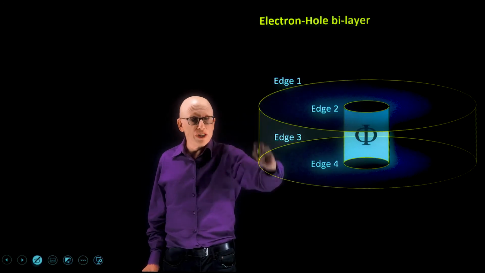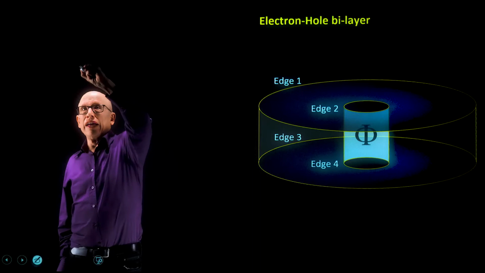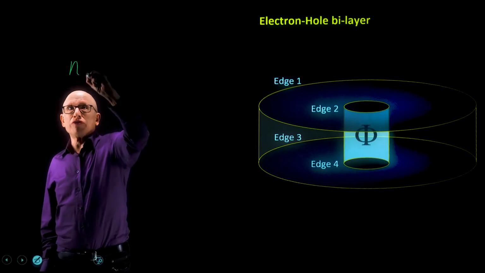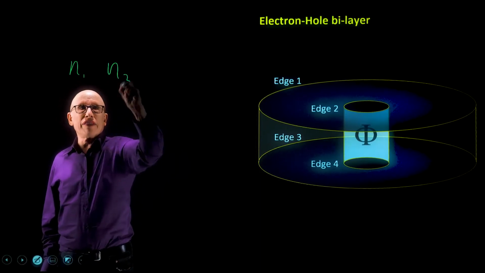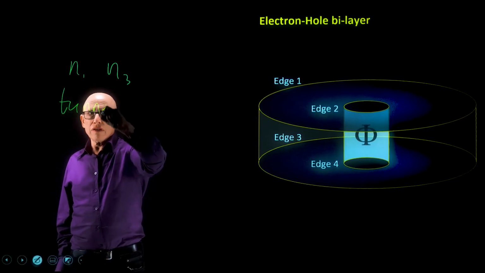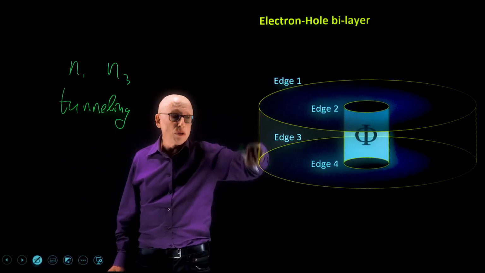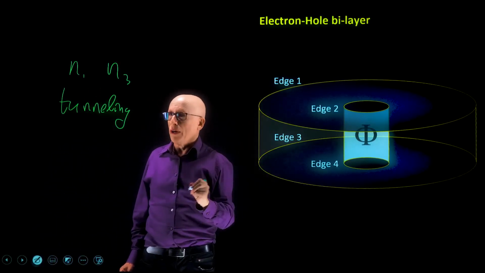So something quite similar happens in our problem. Let's look at those two edges. A similar story will happen in the other two. Those two edges have two integer numbers of charges, n1 and n3. Now we introduce tunneling. And this tunneling is what will stitch the two edges to one another.